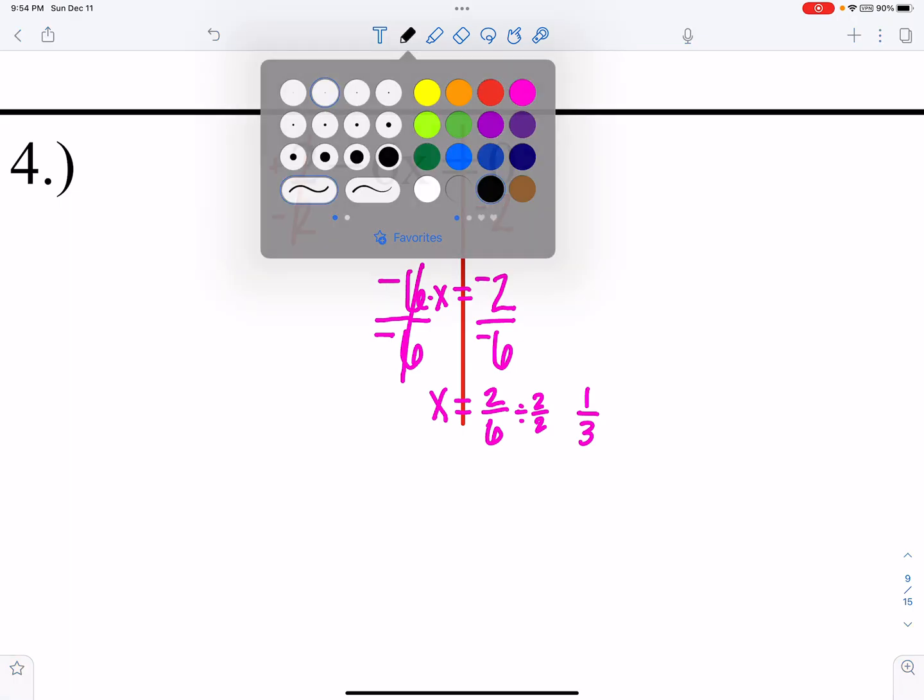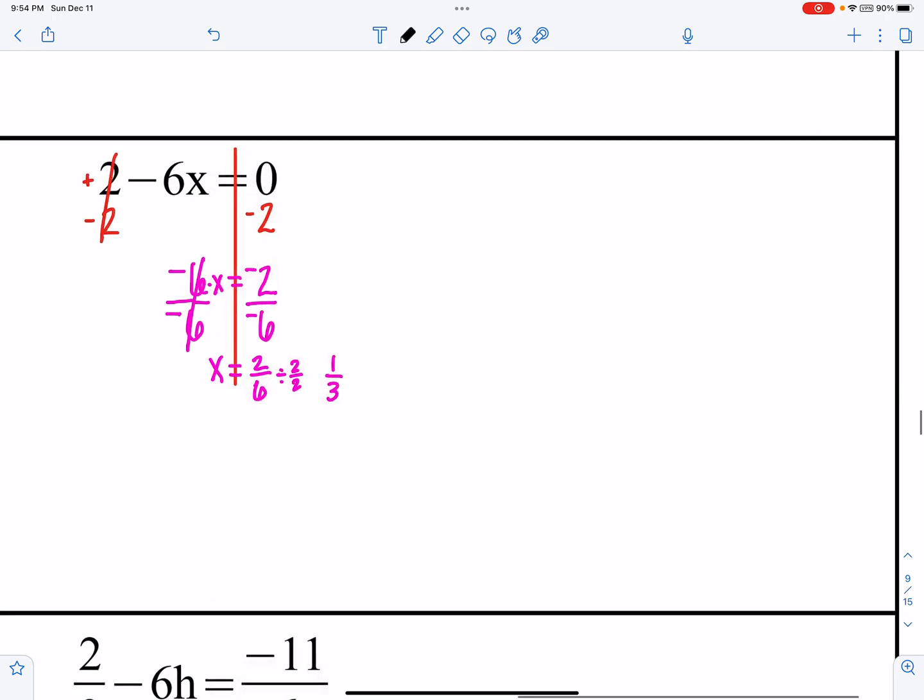Let's go ahead and check. For our check, we have 2 minus 6 times whatever x is, which is 1/3, equals 0. Okay, order of operations now. I do my multiplication first. So 6 times 1/3 is 6/3.